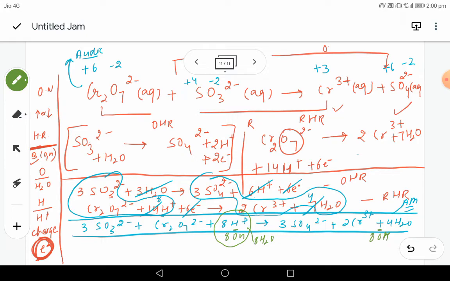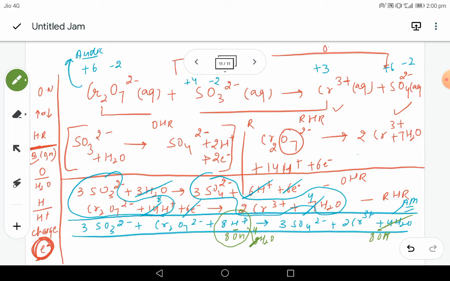Now after that, this 8 is on the reactant side, but we have water on the product side also. So can they cancel out? Yes. So this 4 will be cancelled and out of 8 we will be left with only 4 water.